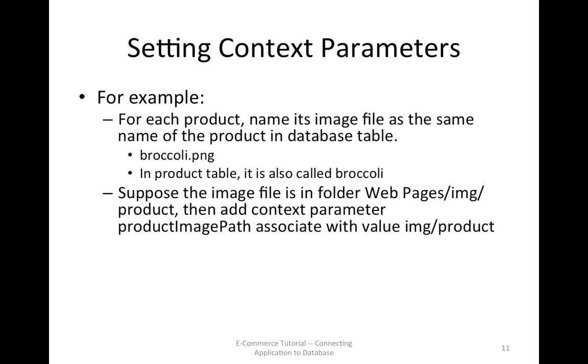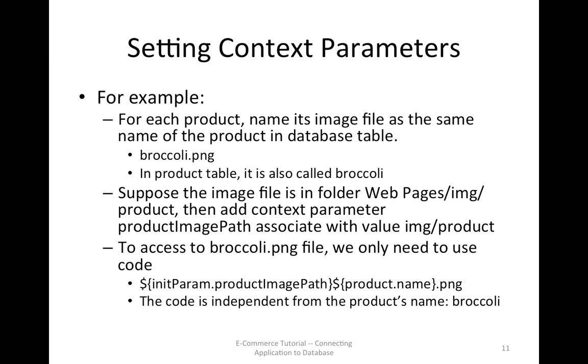Suppose the image file is in the folder web page /image/product. Then add a context parameter, product image path, associated with the value image/product. To access the broccoli.png file, we only need to use this code.